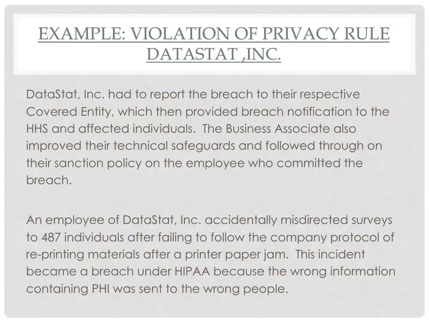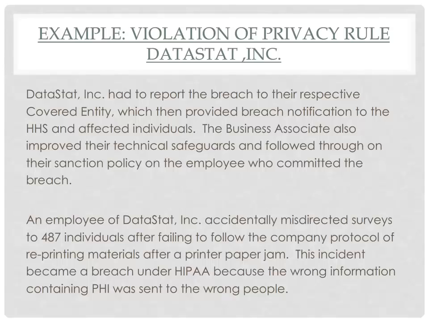Datastat Inc. had to report the breach to their respective covered entity, who then provided breach notifications to the Department of Health and Human Services and affected individuals. The business associate also improved their technical safeguards and followed through on their sanction policy on the employee who committed the breach. An employee of Datastat Inc. accidentally misdirected surveys to 487 individuals after failing to follow the company protocol of reprinting materials after a printer paper jam.